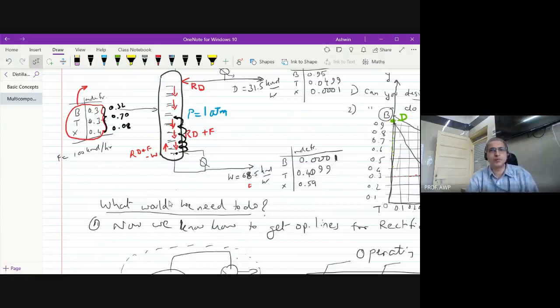So now it is up to us where to switch our feed plate. Should we switch the feed plate where toluene is close to the feed composition, or where benzene is close to the feed composition? Do you understand what I'm trying to say?